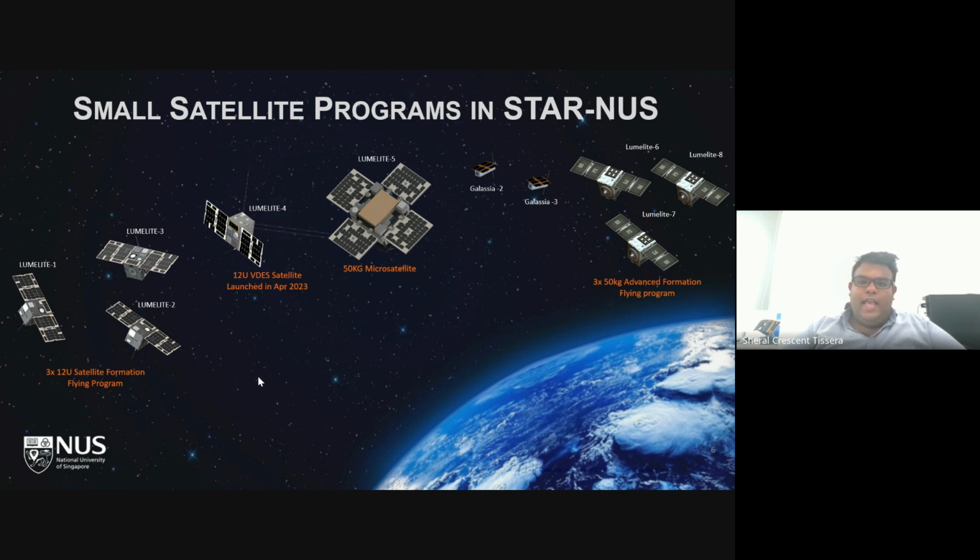Lastly, we have our student-led Galaxia programs, which is an educational program for the undergraduate students to embark on space development activities.